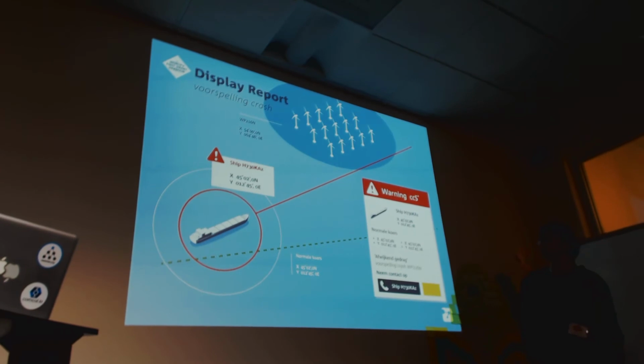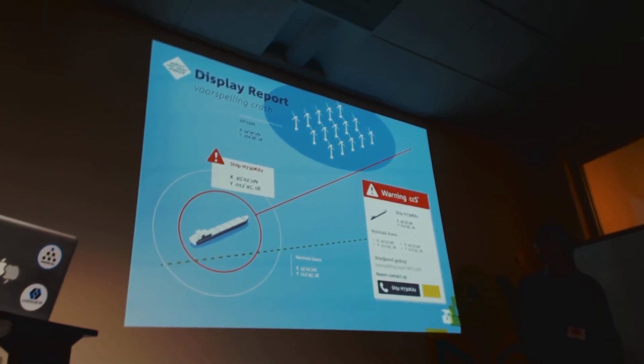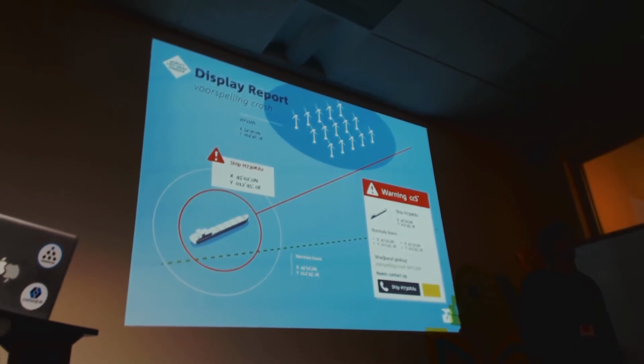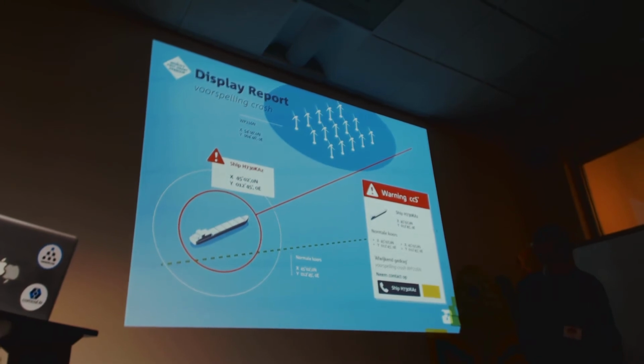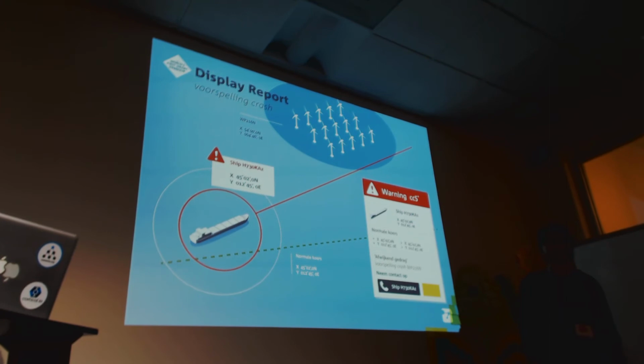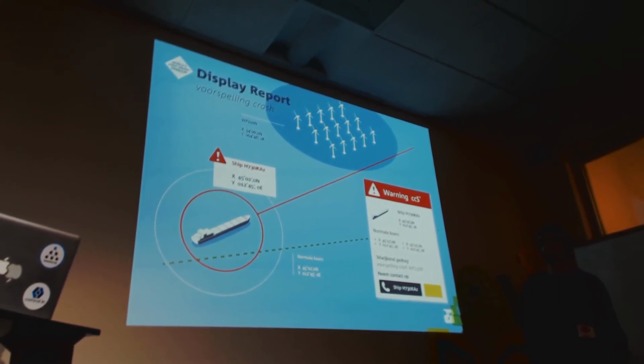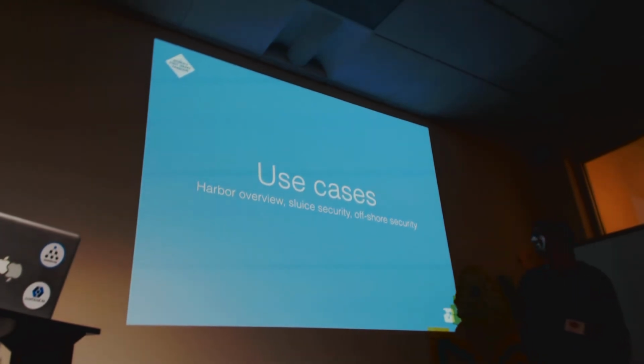And also maybe if it's going into an area that it shouldn't be, for example a windmill farm or any other structure or object. In the Netherlands we have a lot of water and also a lot of stuff in the water. A couple of use cases we were thinking of were harbor overview, sluice security, and offshore security.